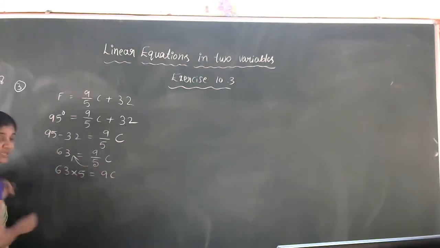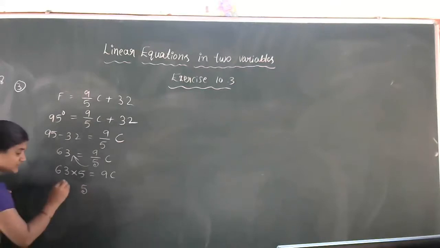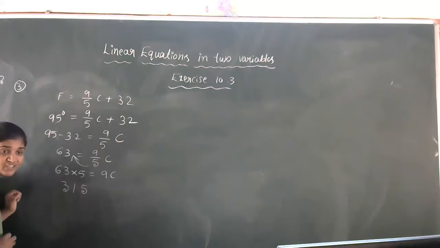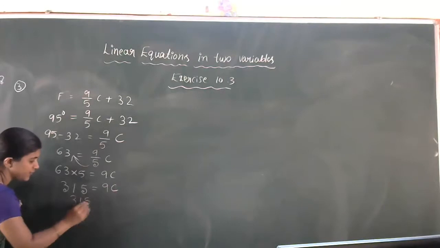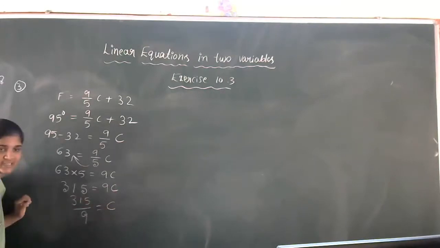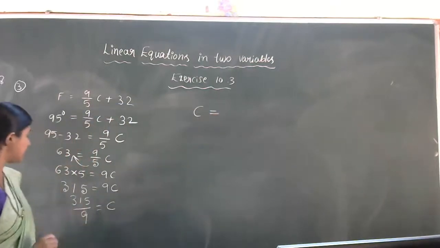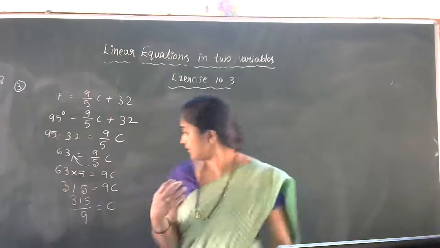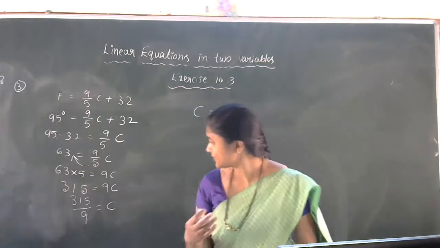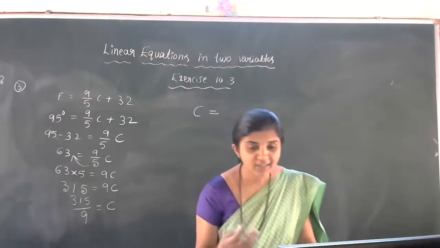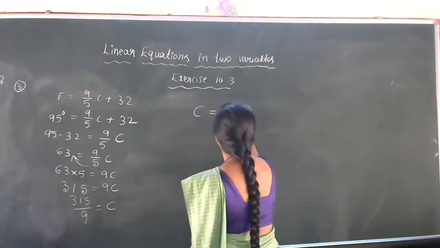63 into 5 is 315. So 315 divided by 9 is equal to Celsius C. What is the value of C? 315 by 9. 9 ones are 9, 9 threes are 27, 9 fives are 45, so 35 degrees Celsius.